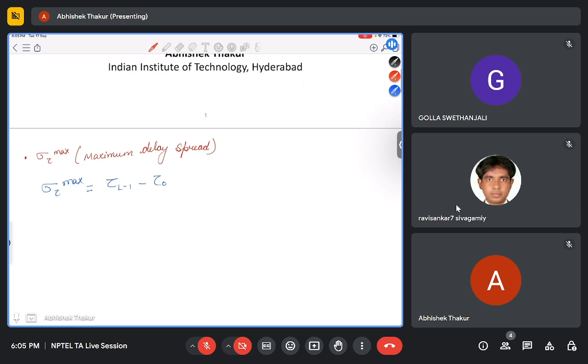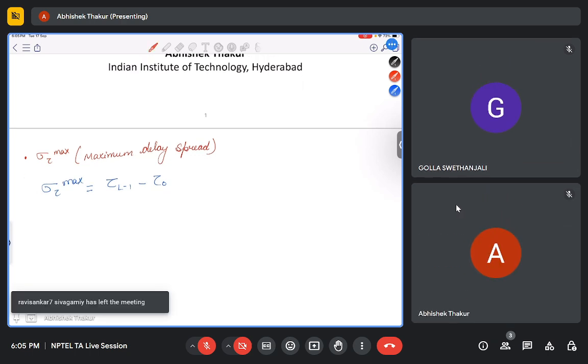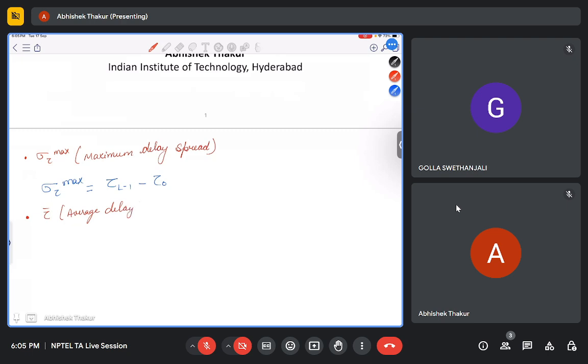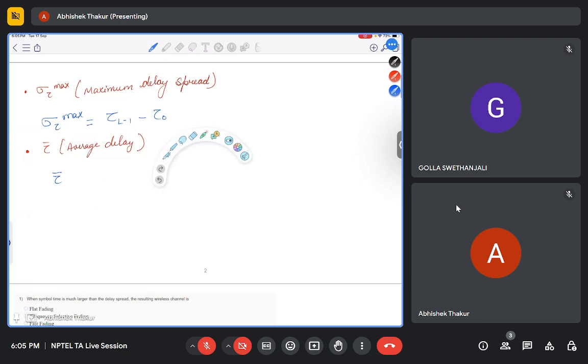The second we studied was the mean, or average delay, given as tau bar. We have also derived all this in the last class on Saturday, so today I will directly write the formula. This was given as the summation of gi tau i divided by the summation of gi.